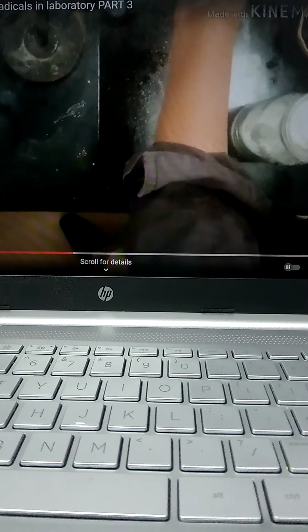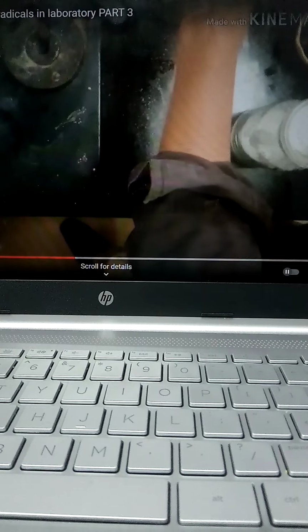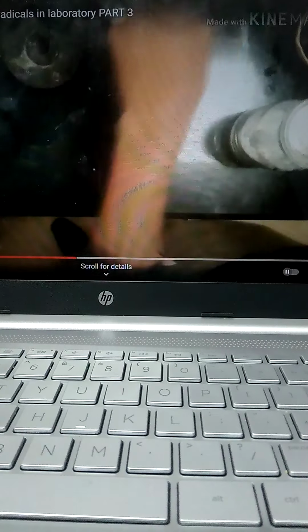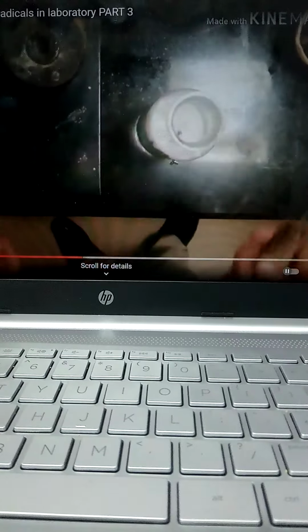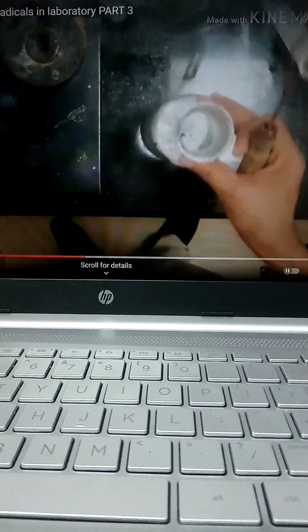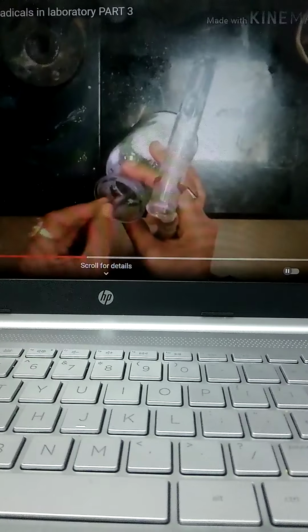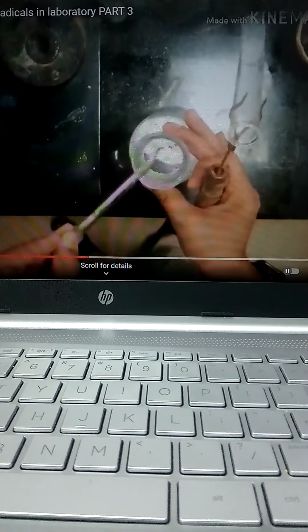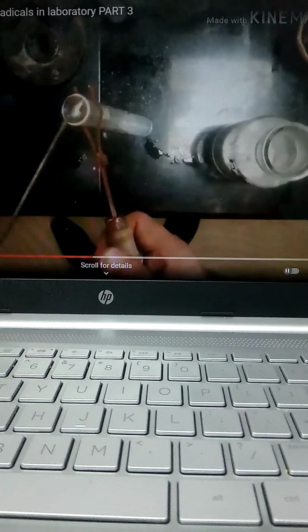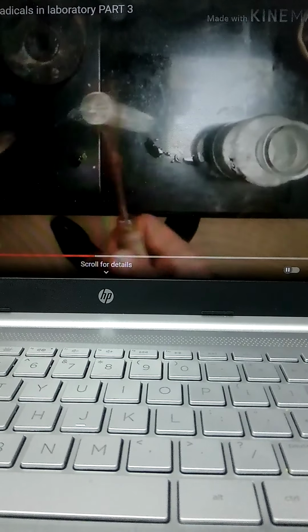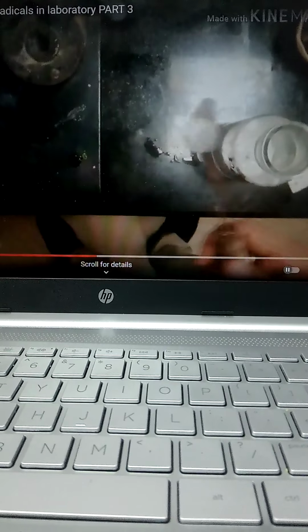Observe here. I will take solid ammonium chloride, and a small amount of solid ammonium chloride is added to the reaction mixture. So observe the reaction.